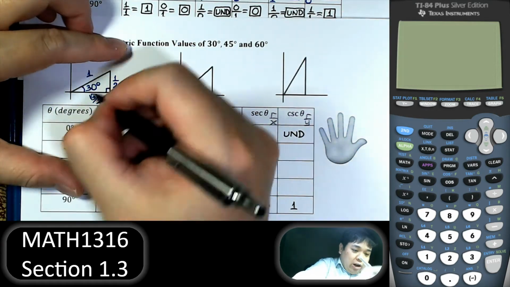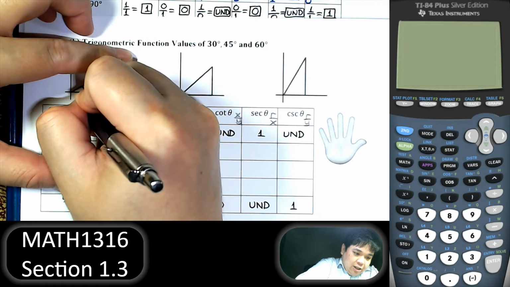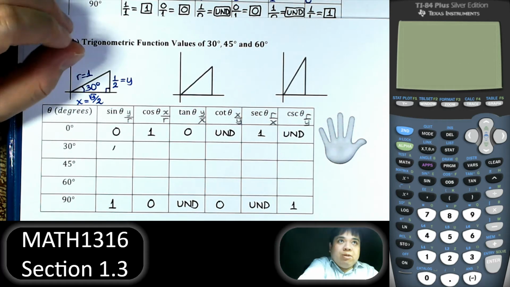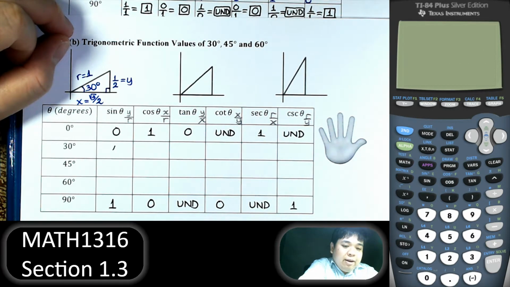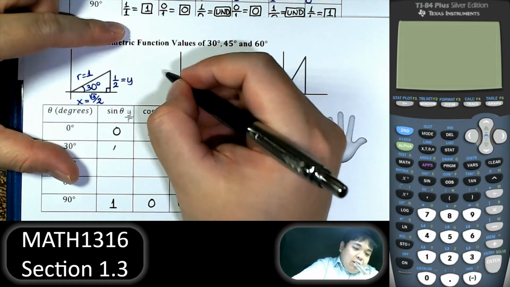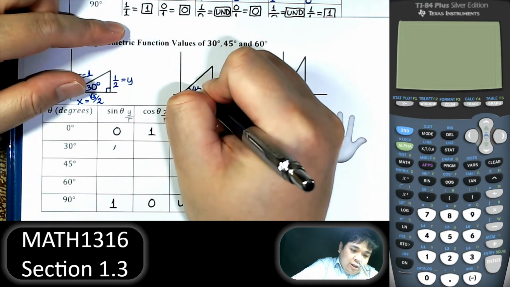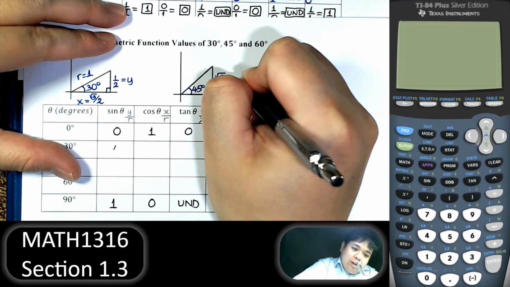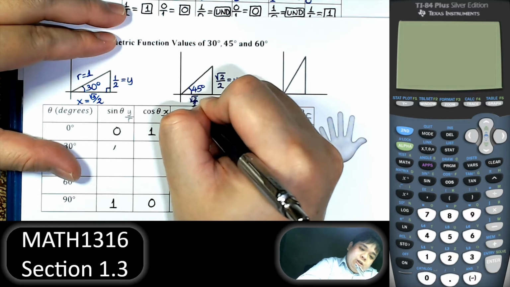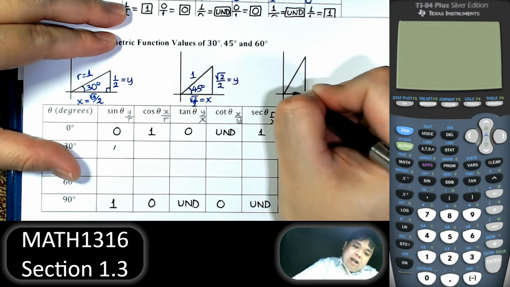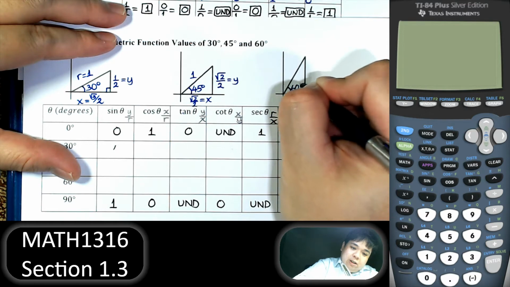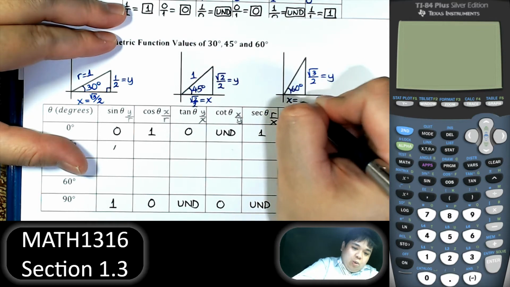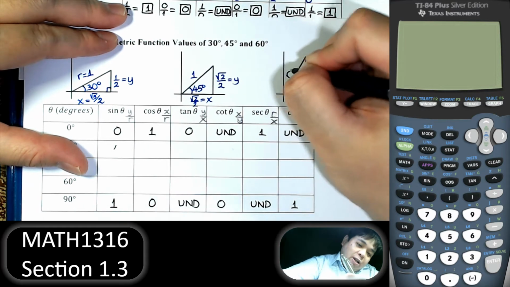So we can use x, y, and r. This is y, this is x, and this is r. And we can use those values for the trig values of 30 degrees. It's not that bad. Same thing for 45 degrees: square root of 2 over 2, square root of 2 over 2, and 1. And then same thing for 60 degrees: square root of 3 over 2, x is equal to 1/2 and r is equal to 1.